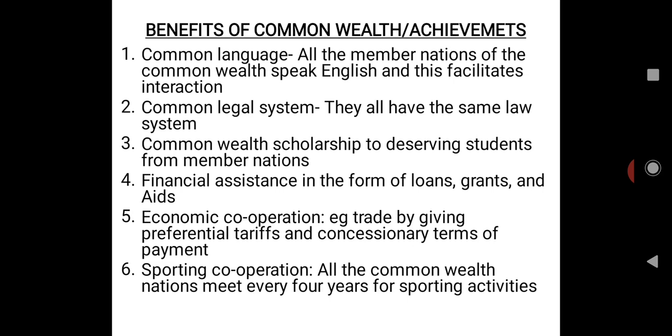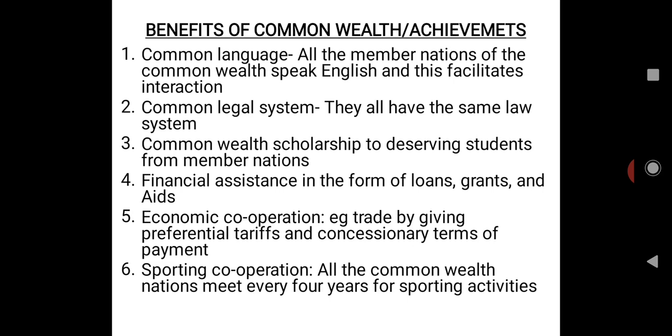Number four, the benefit we derive from being a member of the Commonwealth: financial assistance in form of loans, grants, and aids.